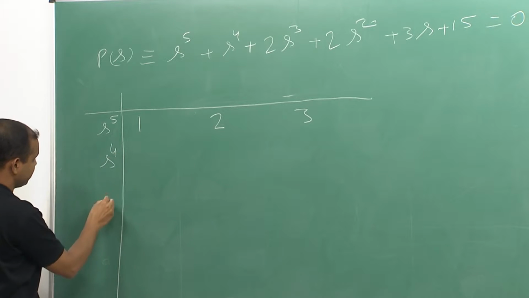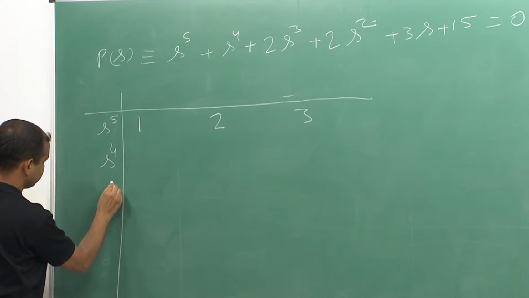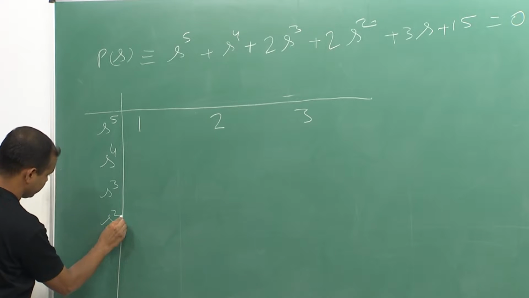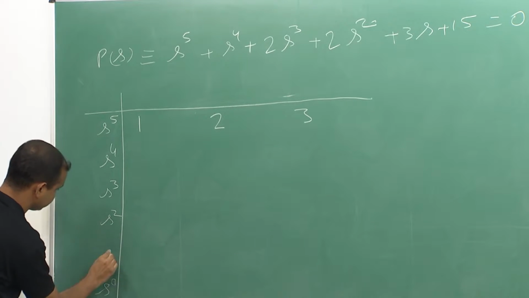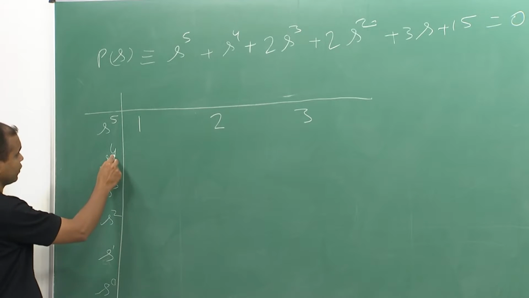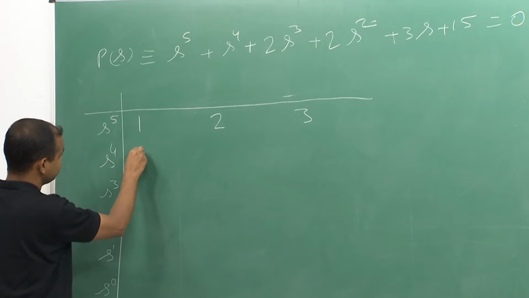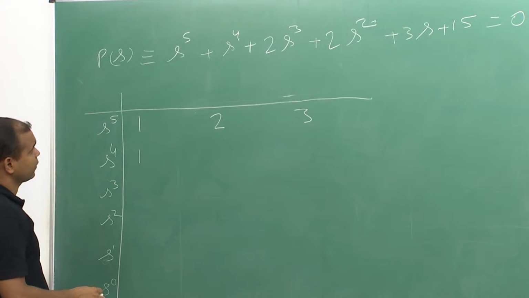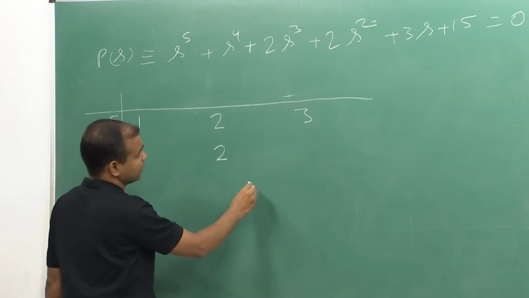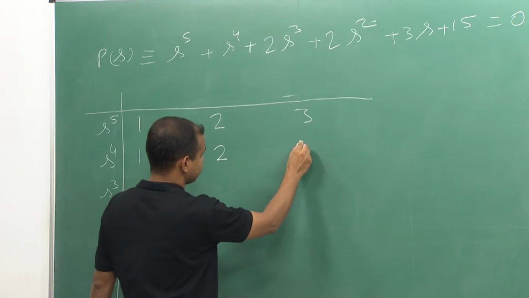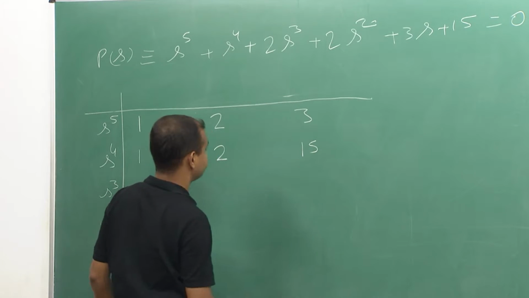In descending order, I will write S to the power 4, S to the power 3, S square, S and S to the power 0. The coefficient of S to the power 4 is 1, the coefficient of S square is 2, and S to the power 0, that is the constant term, is 15.